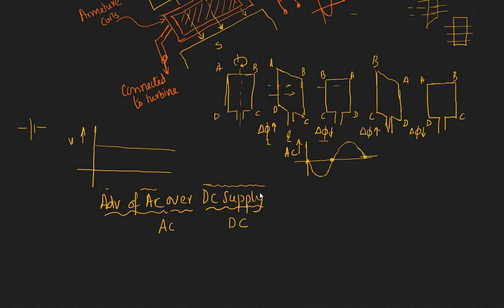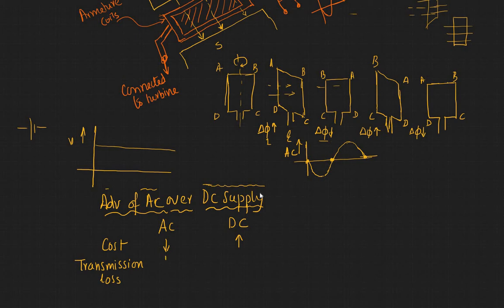If you compare the cost, AC is far lesser when you compare with DC. The cost is high for DC, and this has to do with the transmission loss. We will see that a little in the following chapters.